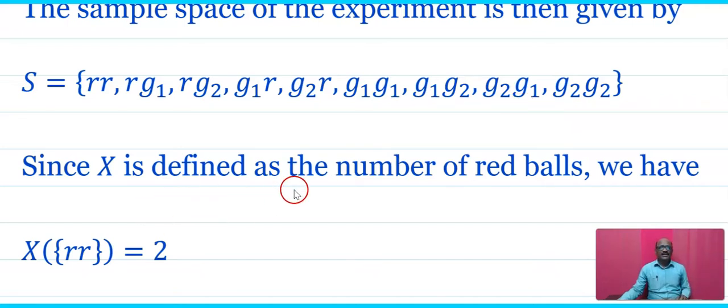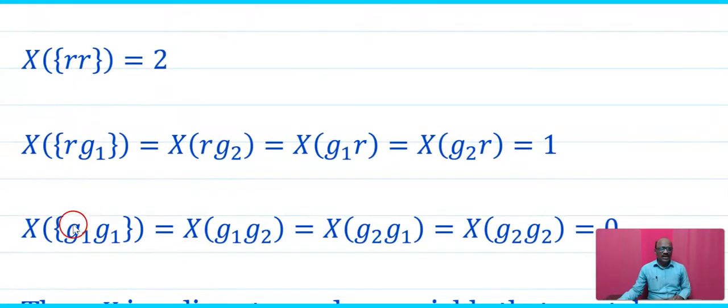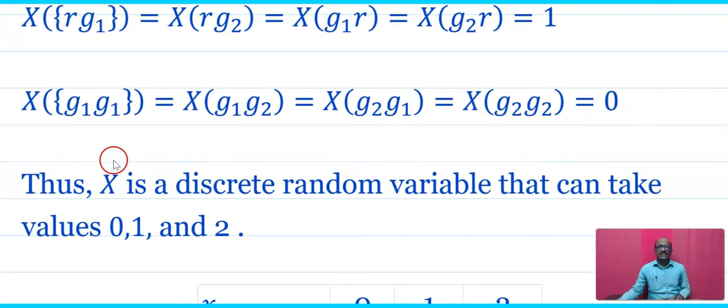Since X is defined as the number of red balls, we have for RR, X is 2. For RG1, RG2, G1R, G2R, X is equal to 1. And for G1G1, G1G2, G2G1, G2G2, X is equal to 0, no red is there.